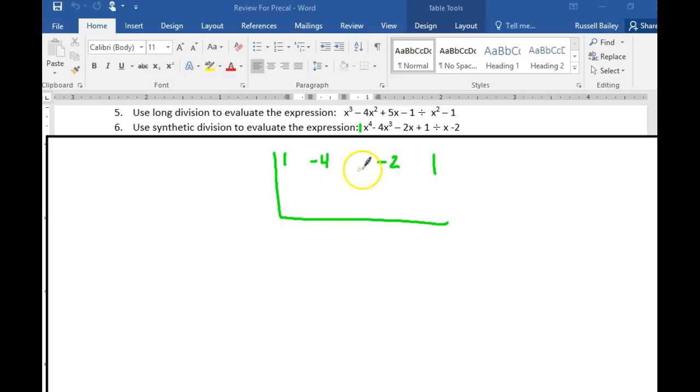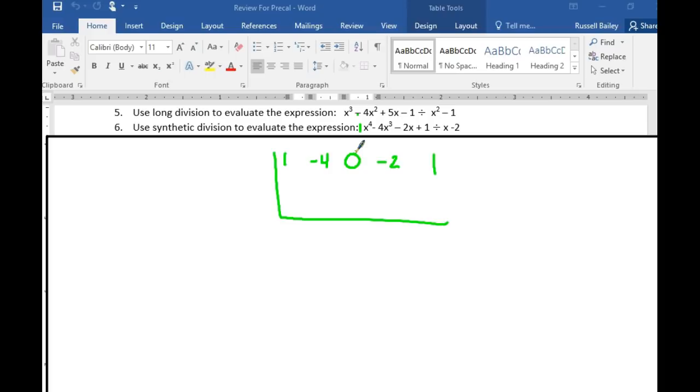You'll notice I left a gap in here, and that was on purpose. So let's see why. The same rule applies to these as it does up here. You can't have any missing terms. So you're noticing it goes fourth power, third power, first power. It missed the second power. So we need to put a 0 in that spot because there was no second power.